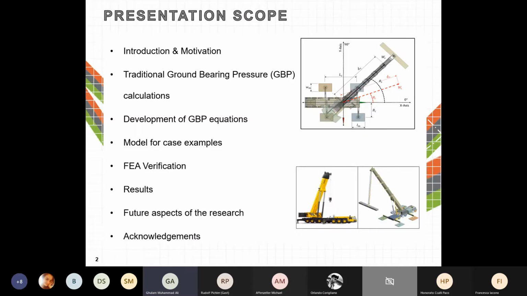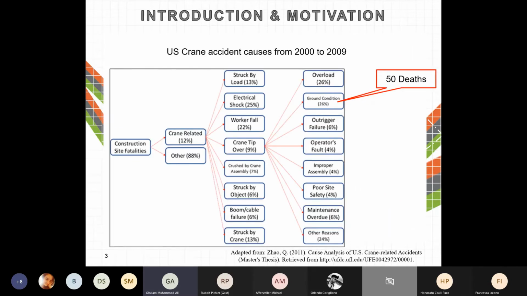So let's come to the scope: introduction, and the traditional way we calculate ground bearing pressure, development of new equations, case examples, FEA verification, which is the major part, results, and future aspects of the research.